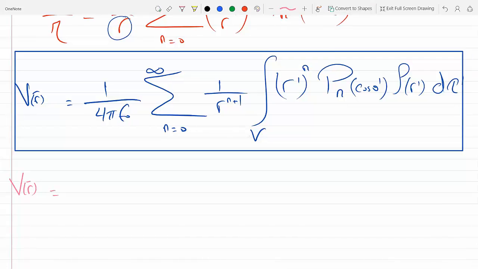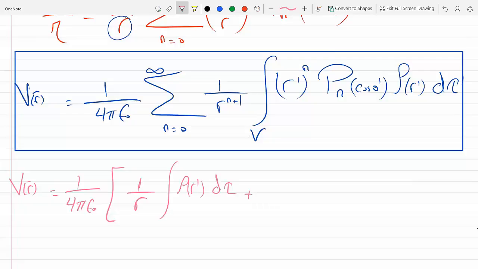If n is 0, what do we get? Well, let's keep 1 over 4 pi epsilon out here. If n is 0, we get 1 over r, P0 cosine theta prime, that's 1, so we get the integral of rho r prime d tau.